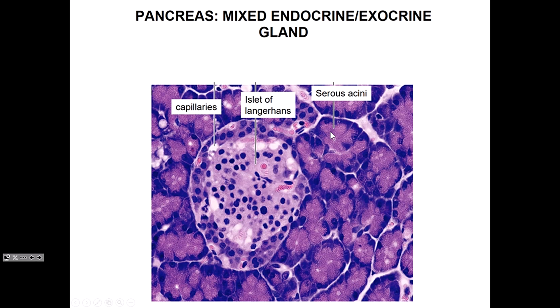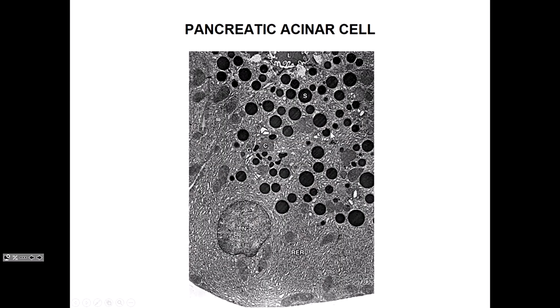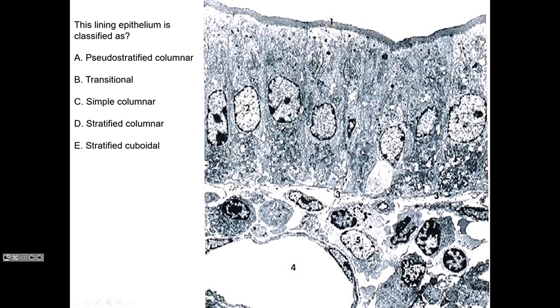So this is a mixed exocrine and endocrine gland, the pancreas. Okay, merocrine mode. And here it is again, the acinus cells. We can see the secretory vesicles being released from the cells. Okay, that is it.